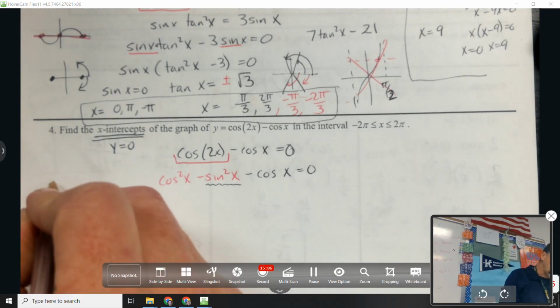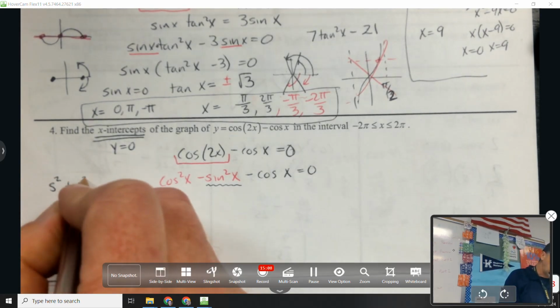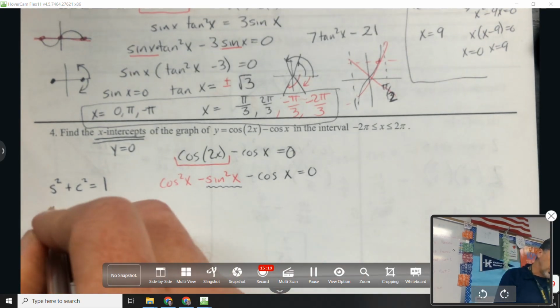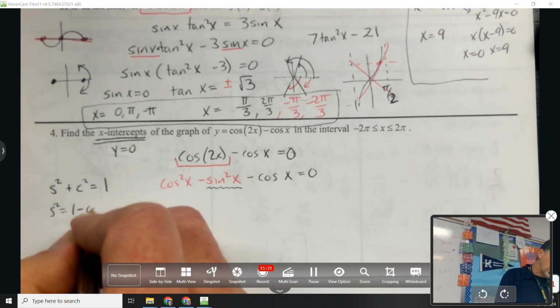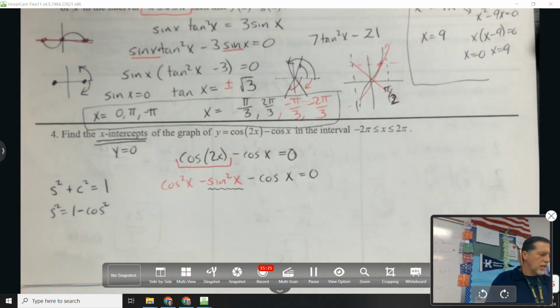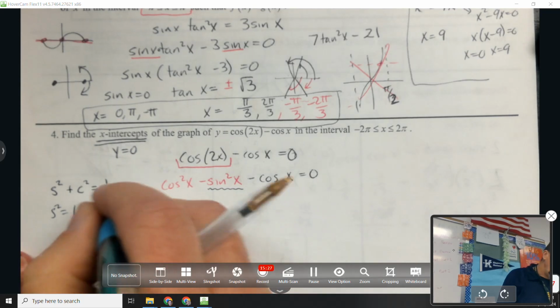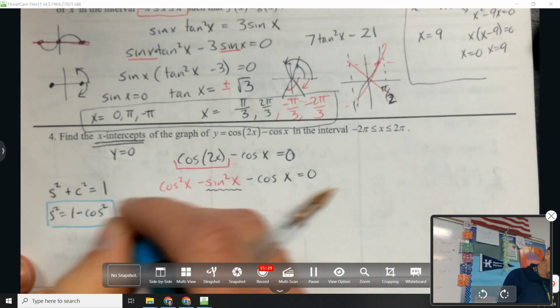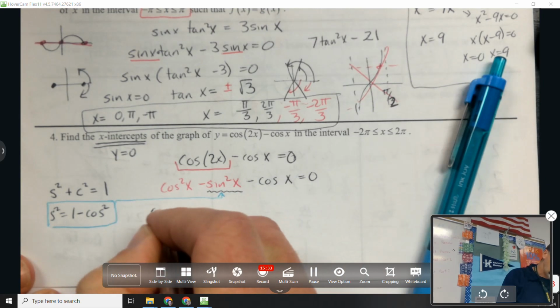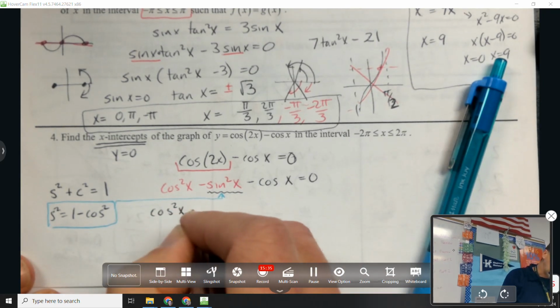If only there was some identity that related sine squared and cosine squared. So that means sine squared is equal to 1 minus cosine squared. So in place of sine squared, alright, let's see how confusing we can make this.